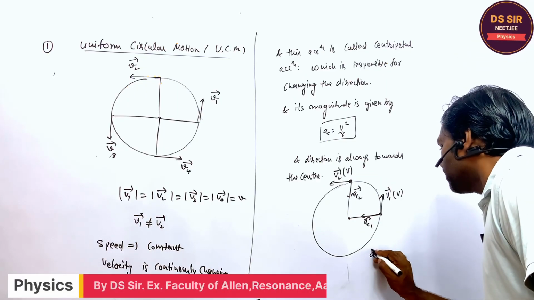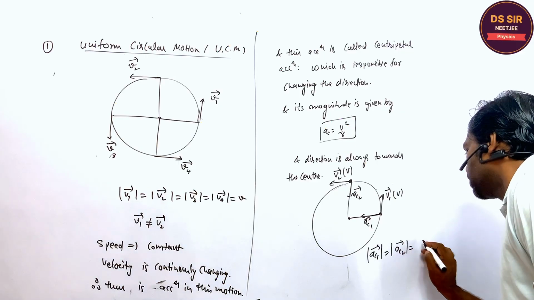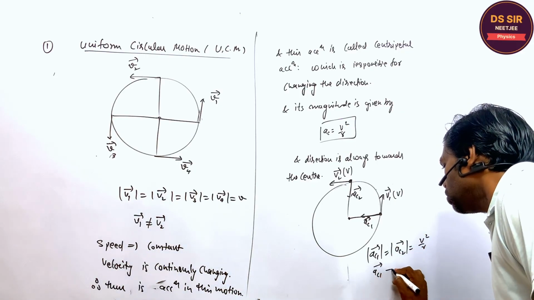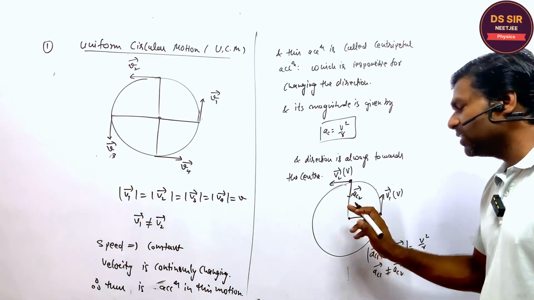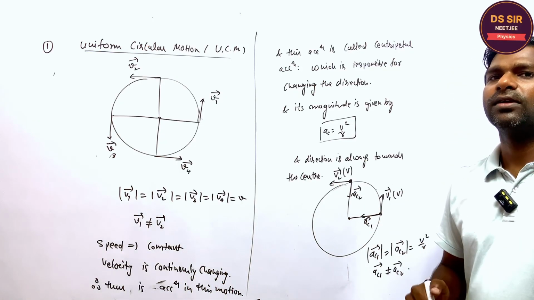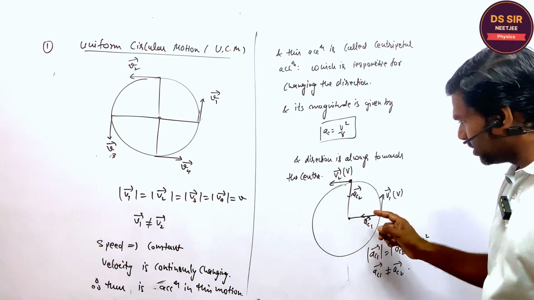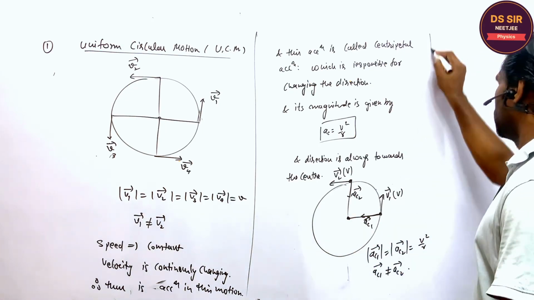So the magnitudes of the a_c1 vector and a_c2 vector are v square upon r. But again, these two accelerations are not the same. Why are they not the same? Please tell. Yes, the direction is not the same. That is why their acceleration is not the same. Do you understand or not?